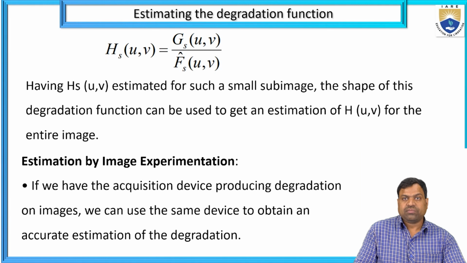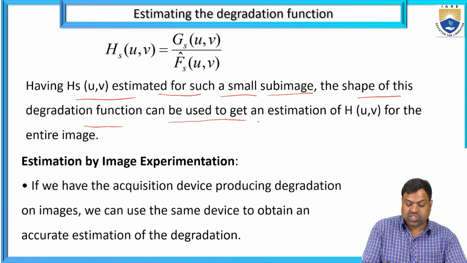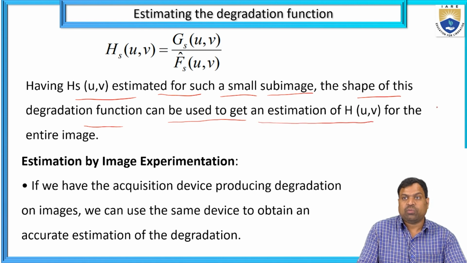So hs of u comma v equals gs of u comma v divided by fs dash of u comma v. So what is here? hs of u comma v is the estimate for such a small sub-image. The shape of this degradation function can be used as an estimate of h of u comma v for the entire image.